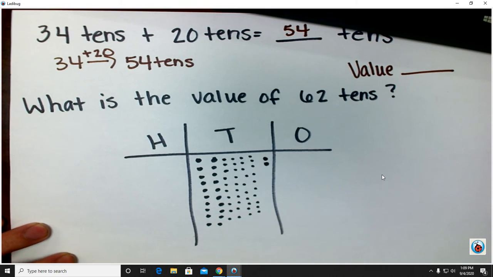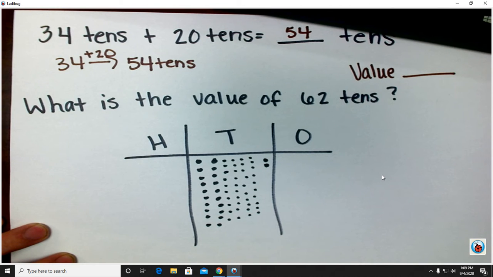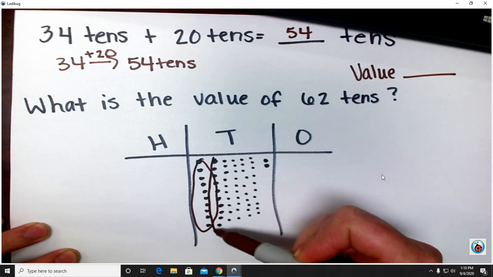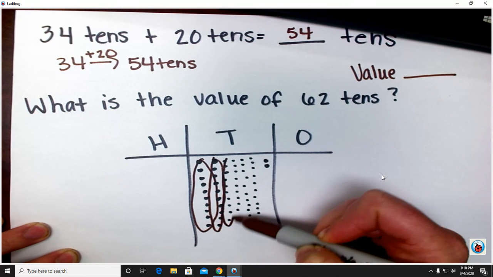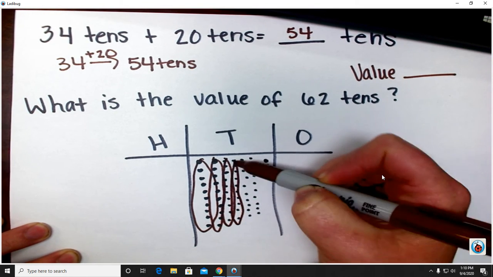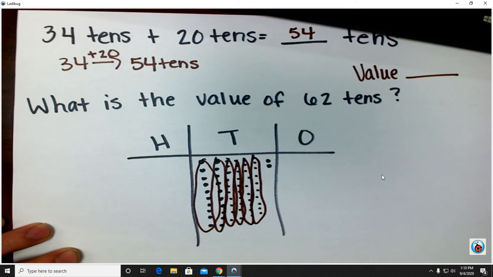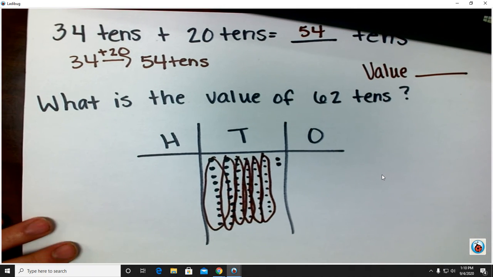So if you remember, what happens when we have 10 tens? That's right, they become a 100. So all these groups that have 10 tens, I'm going to move over. So I have 1, 2, 3, 4, 5, 6. So I have 6 groups of 10 tens.